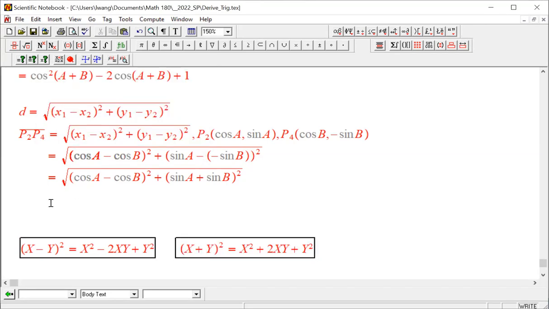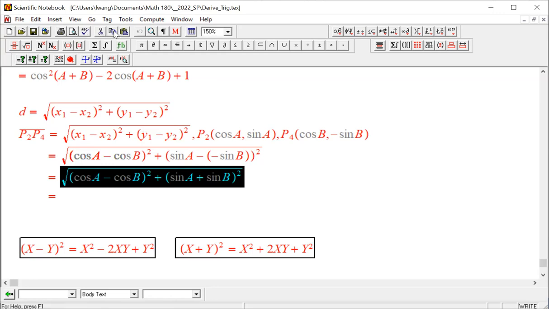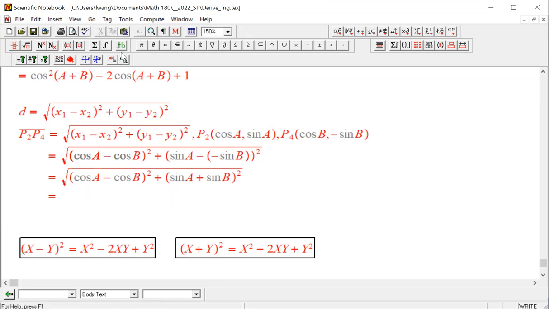Okay, so on the first one, we got cosine A minus cosine B. So this is a capital X and this is a capital Y. So we apply the first formula. So I'm going to bring it over here.